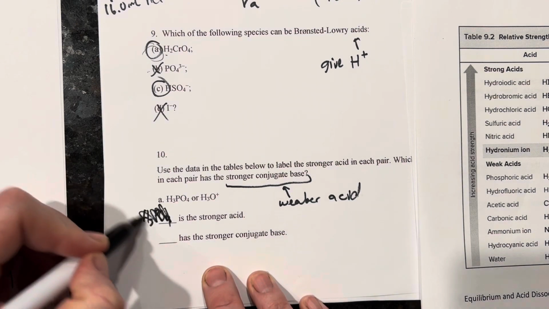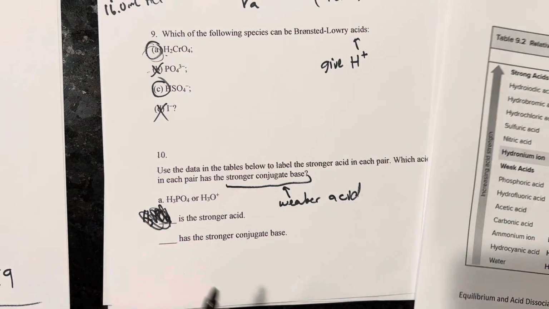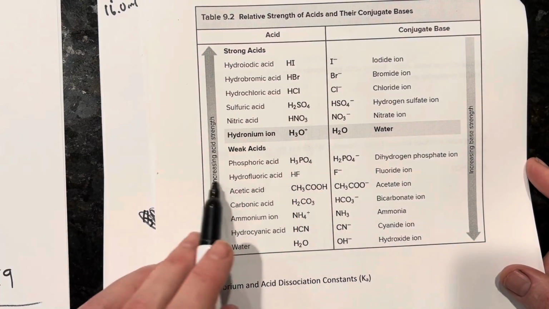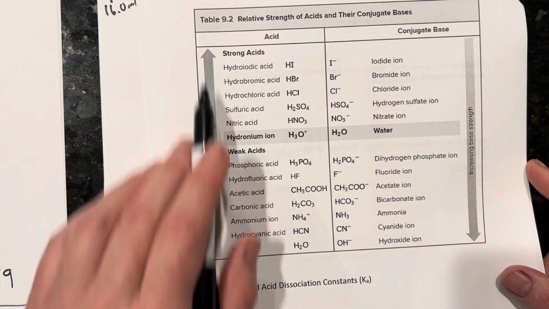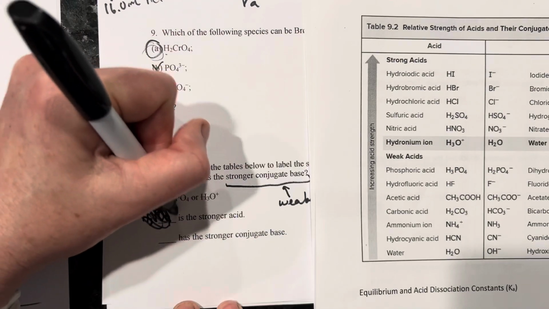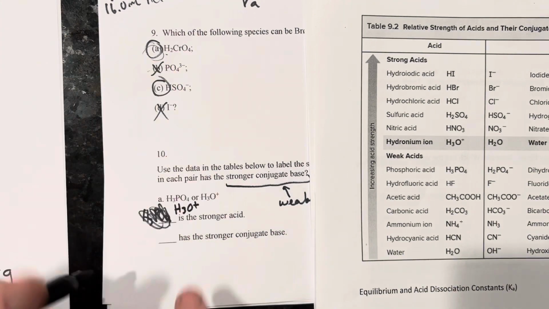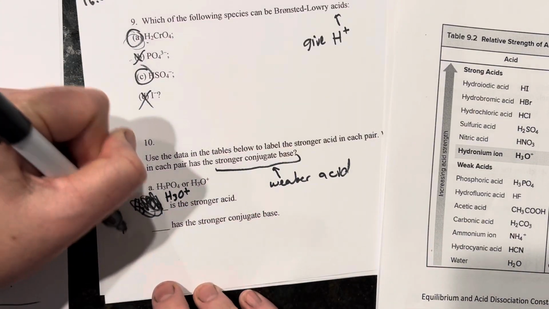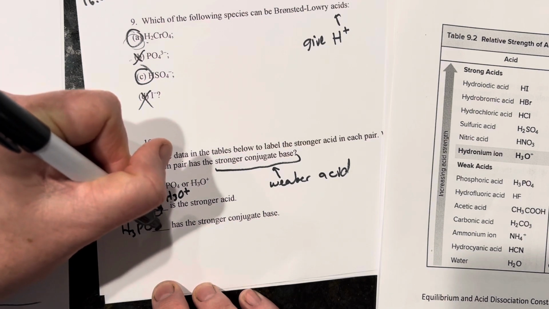Whoa, just kidding. I'm going too fast here. Slow down. H3O plus is clearly the stronger acid than this one because this says increasing acid strength. H3O plus is definitely the stronger acid. So which is the stronger acid is H3O plus. Which has a stronger conjugate base, however, that's got to be the weaker acid. In other words, H3PO4.